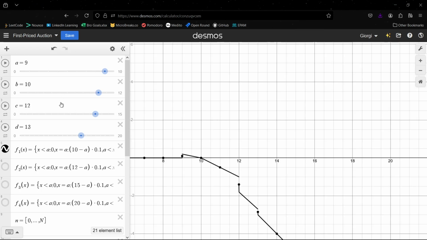But you can play with this Desmos graph. I'll provide the link in the description. And yeah, you can try to find if there's any other one.